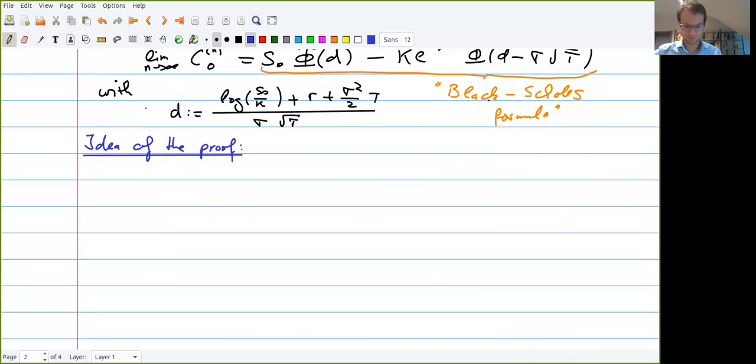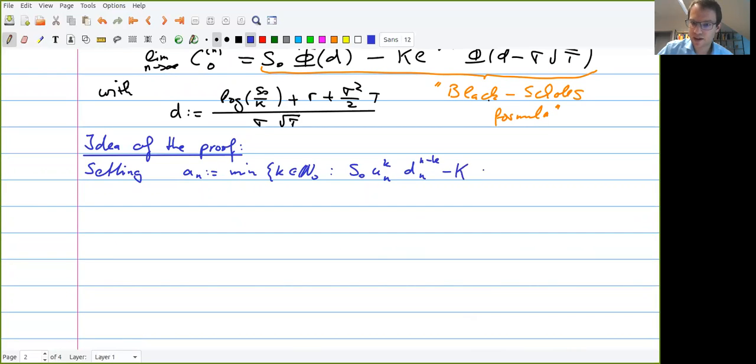So let me introduce the number a_n, which is the minimum k, where k is a natural number, it might include 0, such that I have enough upwards movement in my market so that I'm above the strike price.